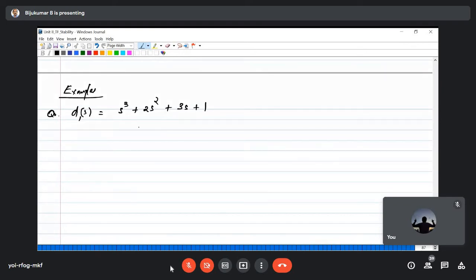Now we will check the stability using the Routh array. What is the highest order of the polynomial? 3. So we can start from s power 3, then s square, s power 1, s power 0.